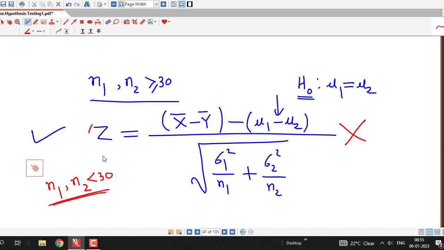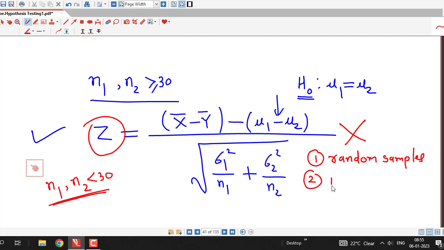For applying the two sample z test, if you recall, we made certain assumptions. First assumption was that our samples are random samples. Second assumption was that they are independent samples, or observations in each of the samples are not dependent on each other.